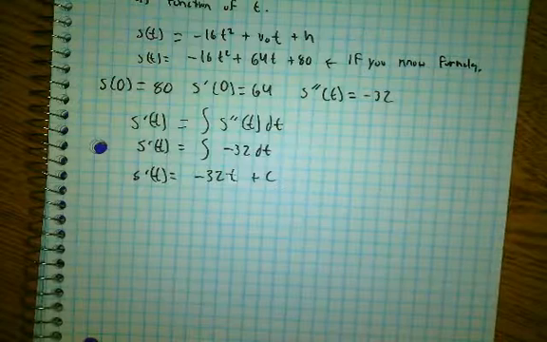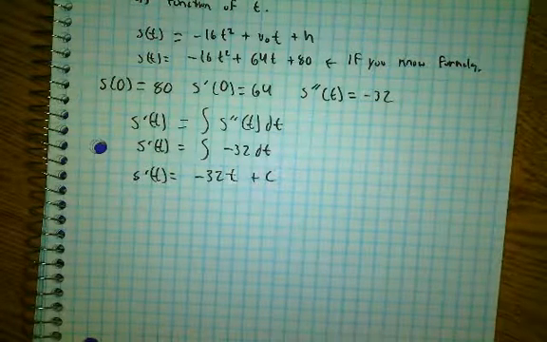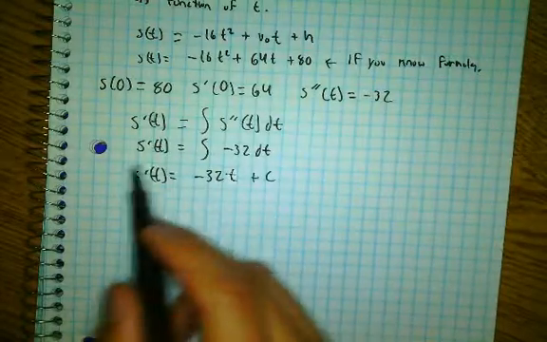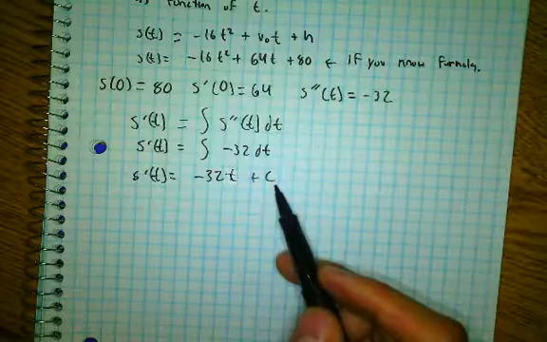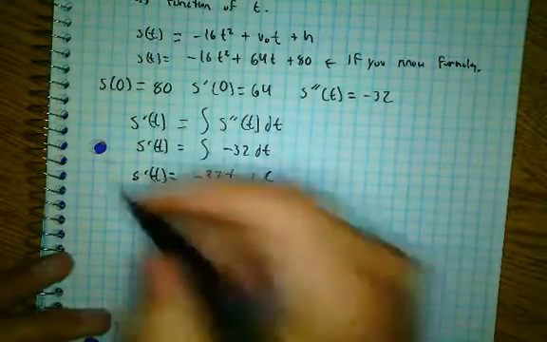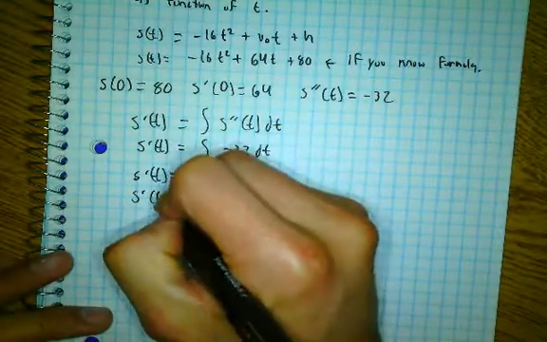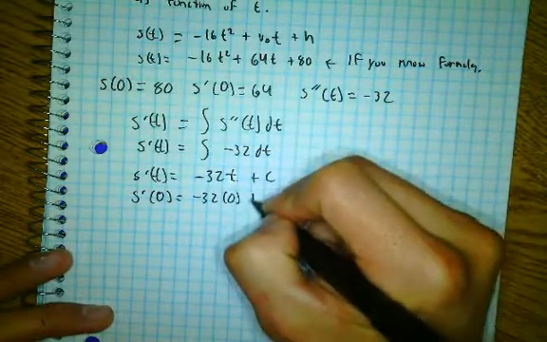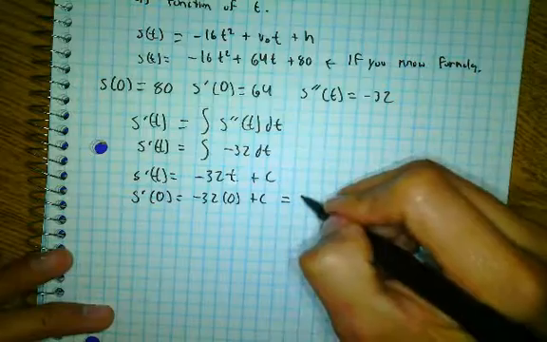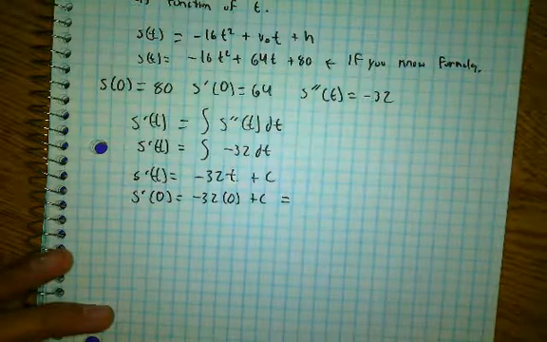Right? Then that means that c is what? Right? So now you can say that s prime of t equals negative 32t plus 64. Agreed? You guys with me? Now, that's the velocity function.